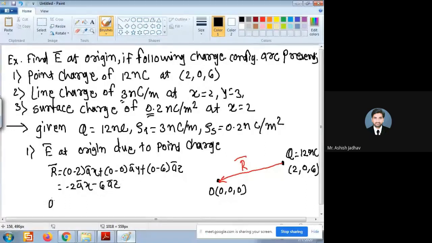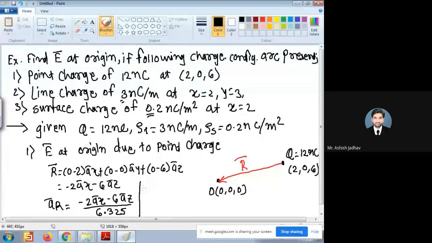So from this you can calculate a bar r. A bar r is equal to minus 2 a bar x minus 6 a bar z divided by its magnitude, which would be 6.325 if you check. Why have I calculated this?